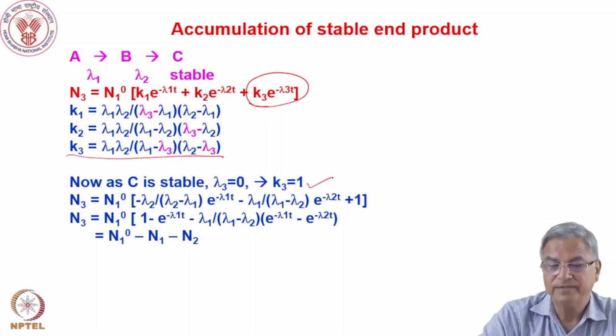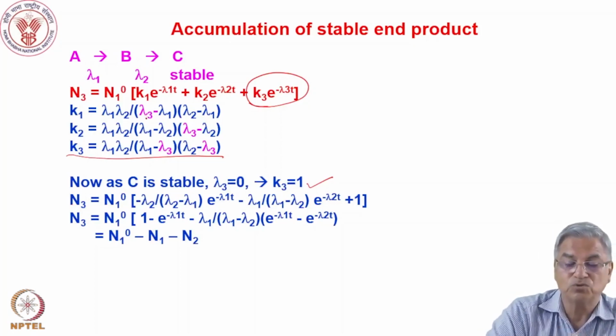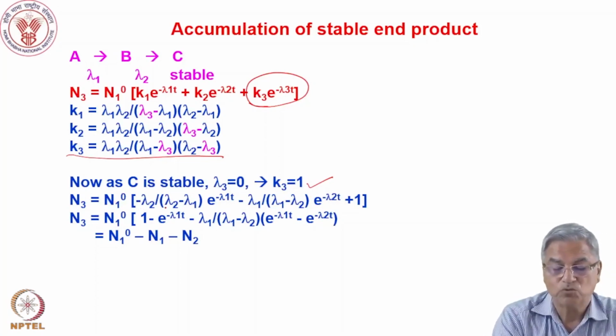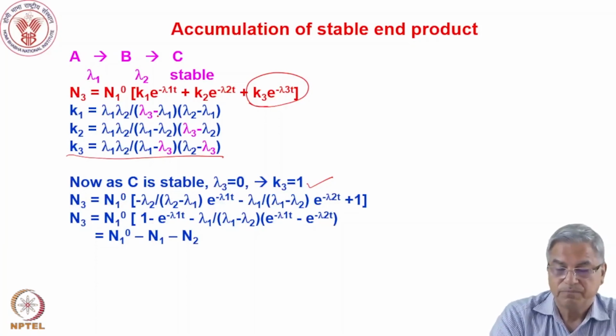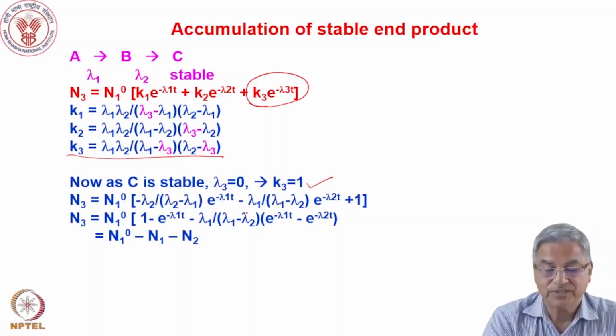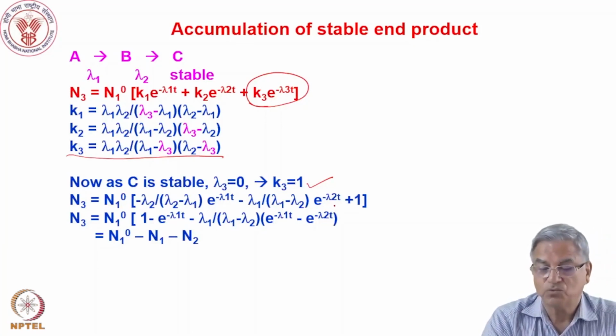That term is simplified. Similarly, when you put lambda 3 equal to 0, the first term becomes N1 0 minus lambda 2 upon lambda 2 minus lambda 1, so this lambda 1 will get cancelled out, e raised to minus lambda 1 t, minus lambda 1 upon lambda 2 minus lambda 1. In the second term, K2, the minus sign comes because of the minus lambda 2 here, and lambda 2 will get cancelled with this lambda 2 we have, and then e raised to minus lambda 2 t, plus 1, as K3 becomes equal to 1.